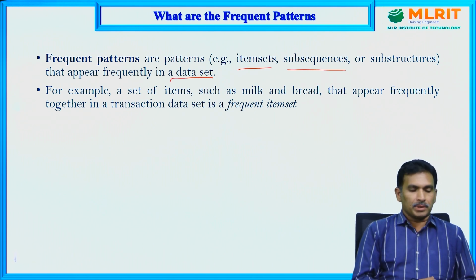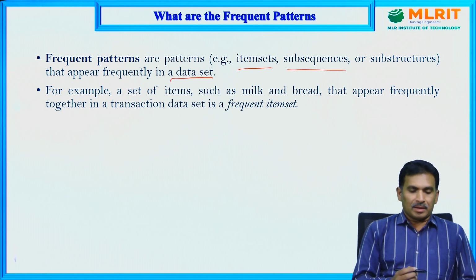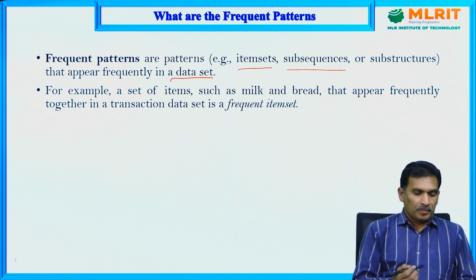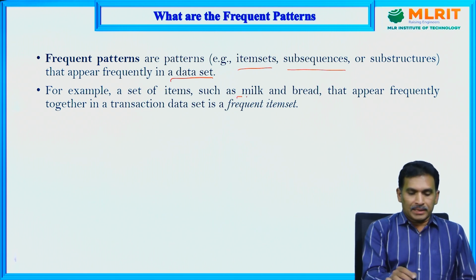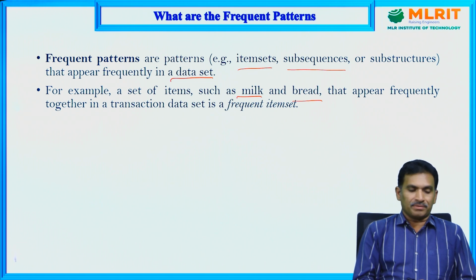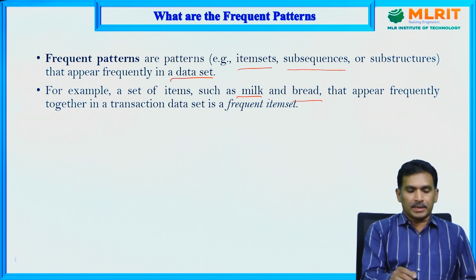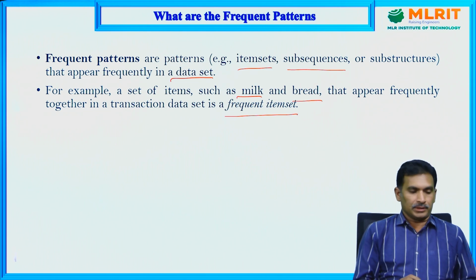For example, a set of items such as milk and bread, from the textbook of Han and Kamber. These two items appear frequently together in a transactional data set, so that is a frequent item set.